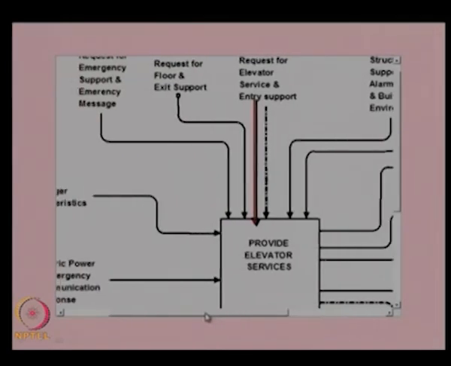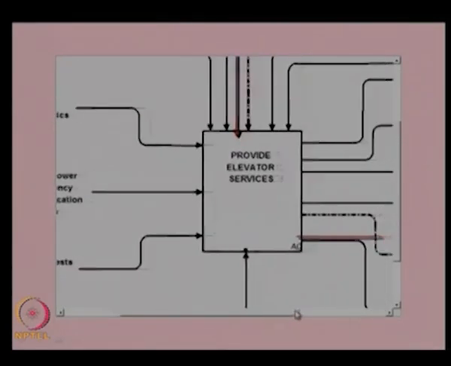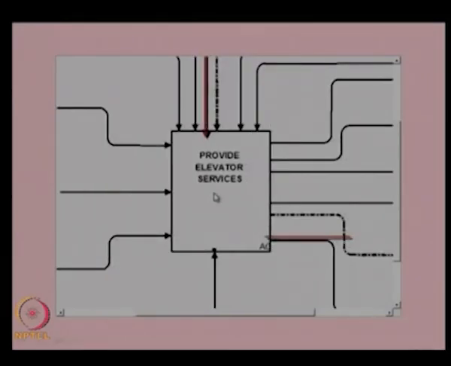So this is the context diagram which provides the overall main function of the elevator system as well as the inputs and outputs. The next task is basically to divide this function into sub functions. The context diagram will provide you the top level function A0, and the A0 diagram or the level 1 diagram will provide you the sub functions A1, A2, A3, and see how to show that using IDF0 diagram.